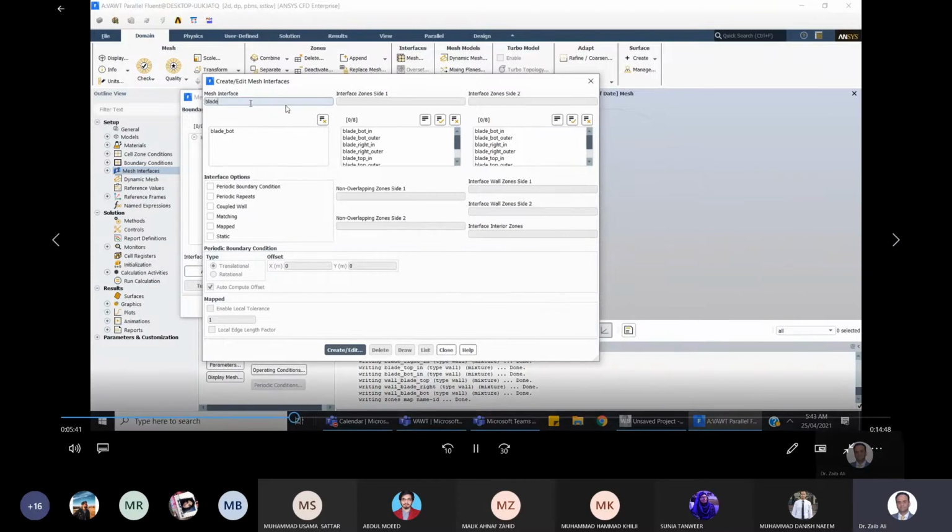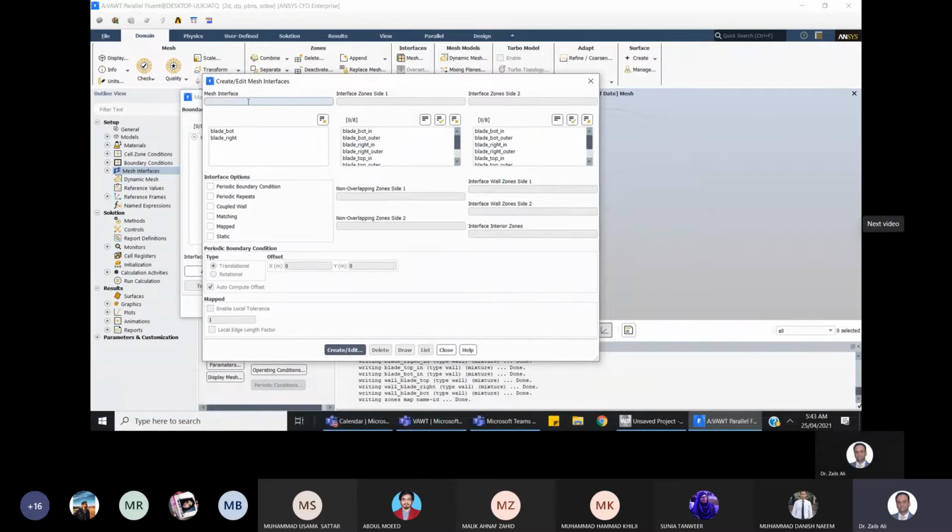For example, for the bottom blade, we selected the bottom blade inner circle and outer circle. Similarly, you pick each pair one by one and stitch them together to create an interface. In this case, for the top blade, we will be selecting top blade inner and top blade outer.